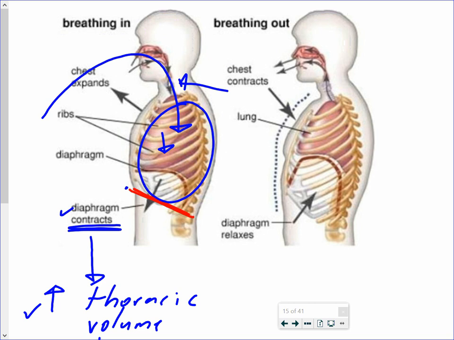What happens during exhalation, or breathing out, is we just reverse everything. So now instead of the diaphragm contracting, the diaphragm is going to relax. What is that going to do? Well, it's going to push up, and that is now going to decrease the thoracic volume.